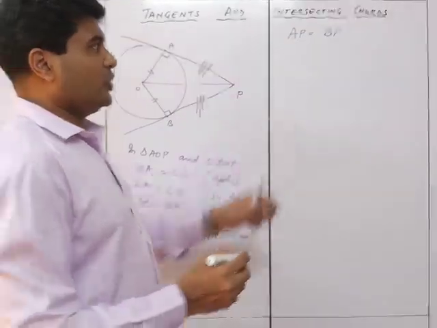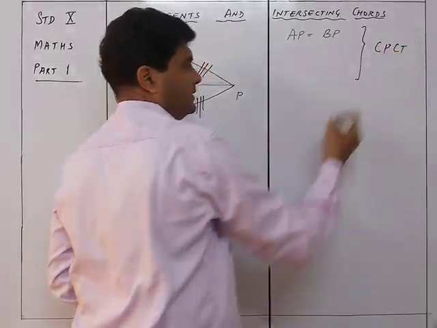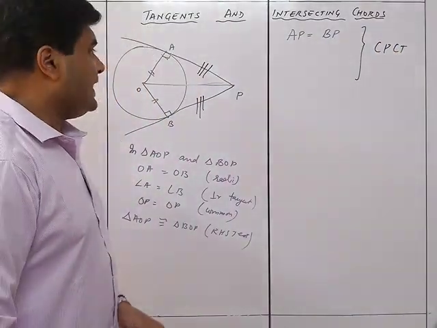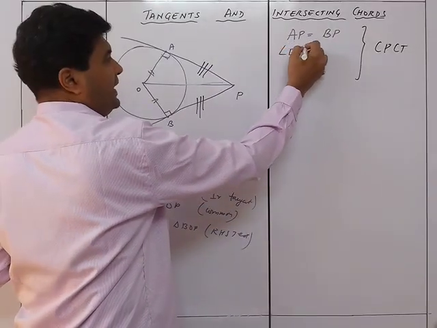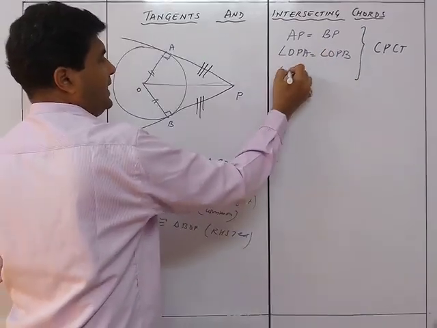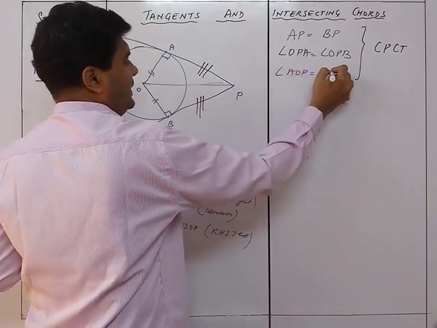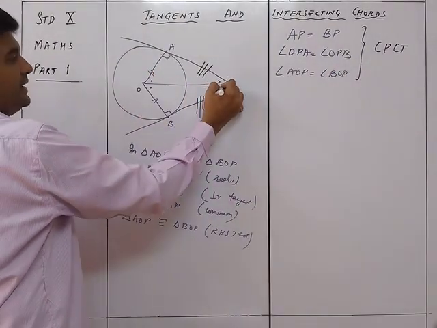The two tangents are going to be equal because of CPCT. Secondly, the angle OPA is equal to angle OPB, and angle AOP is equal to angle BOP. So this angle, this angle, this angle and this angle.